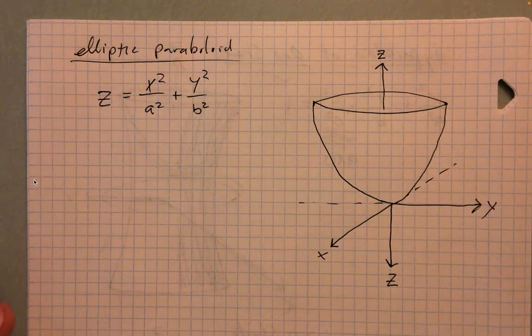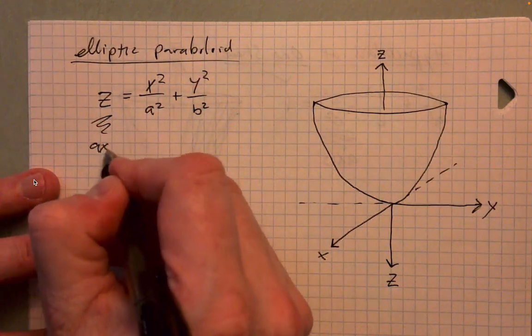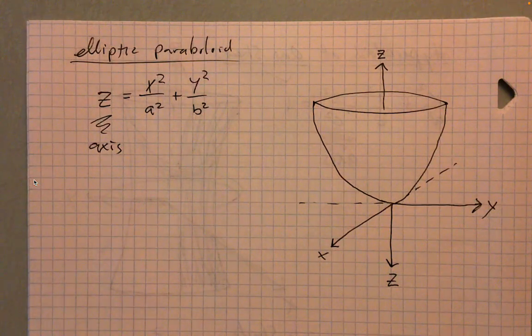And here the axis is going to be represented by the variable that is a first degree variable, raised to the first power. The x and y in this case are second degree. The z is the first degree variable, so that's where the axis is going to reside along that direction.